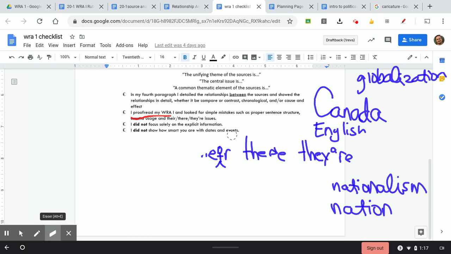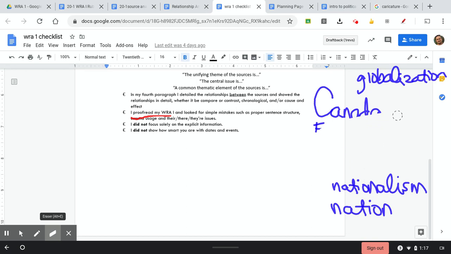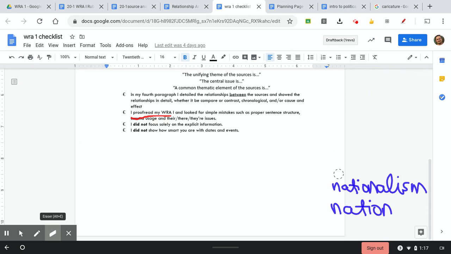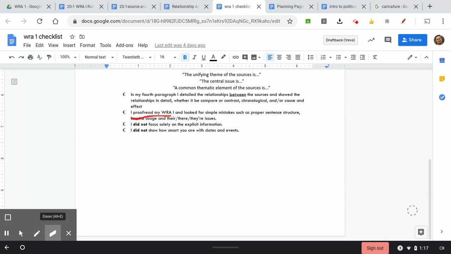I'm going to erase some of this here because I want to now address words such as Indigenous or First Nations. These are also words that need capital letters.